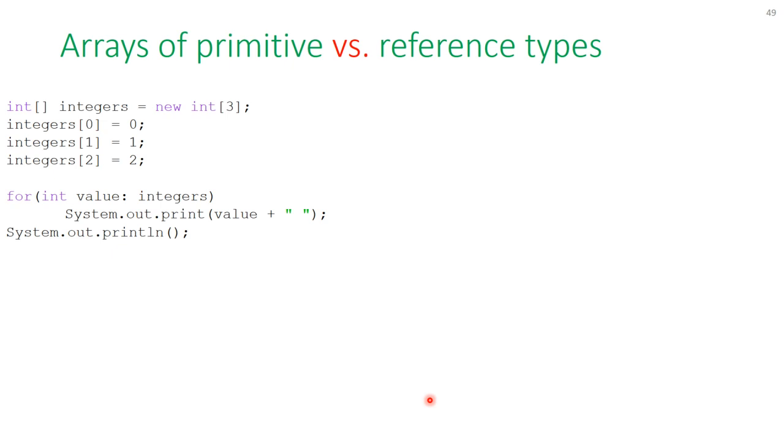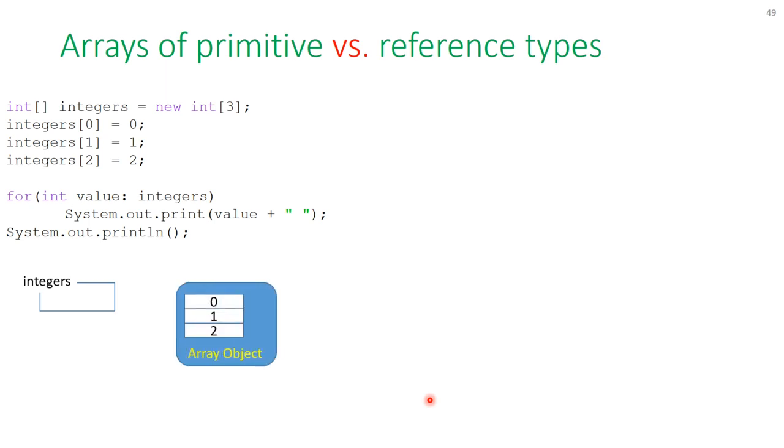Quick reminder, I'm using the easy syntax here because all I want to do is iterate over every element of my array, so I'm not going to use indexes for that. Instead, for each value of data type int inside the array referred to by the variable integers, system.out.print value plus a space, and then at the end, system.out.println. We've done that countless times, okay? So the code itself is not the new stuff.